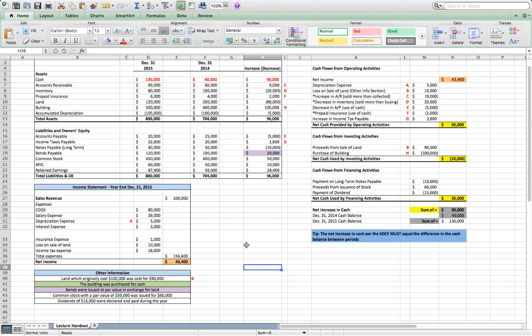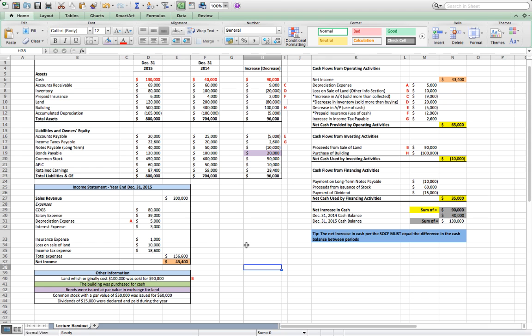Therefore, there was no cash that changed hands. However, if we were buying bonds of someone else and actually paid cash for that rather than exchanging it for land, we would have an additional outflow that would be reflected in the investing activities.